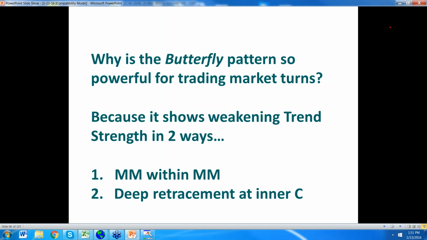It is a measure move within a measure move. That in itself, that configuration is a weaker pattern than when you have measure moves in a series, and you want to look for that deep retracement at the inner measure move's point C, which I always show in blue. Okay, once you have that, then you have the making of a possible turn in the market.